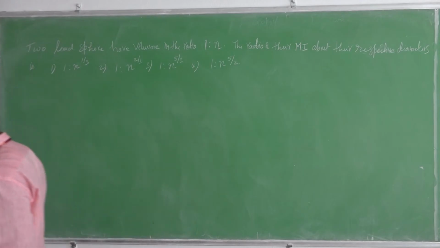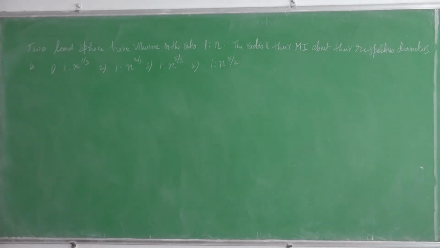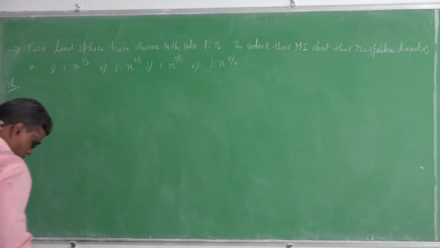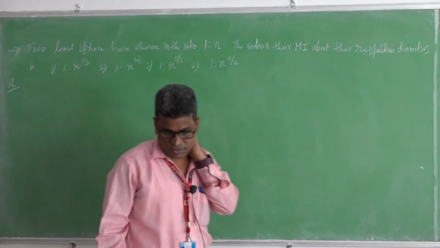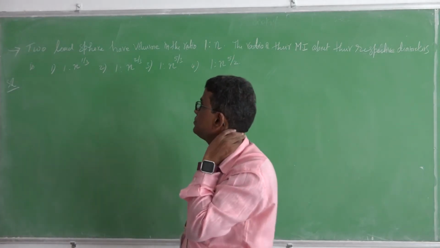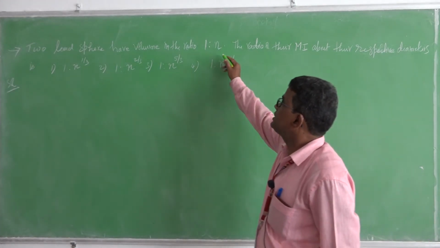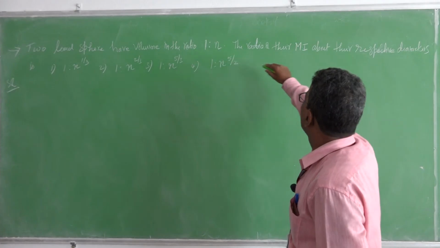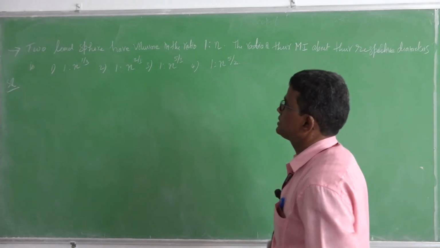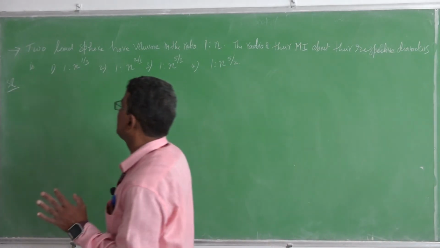So this is the problem. How can we solve it? There are two lead spheres with volumes in the ratio 1 is to n, and only the volume ratio is given.